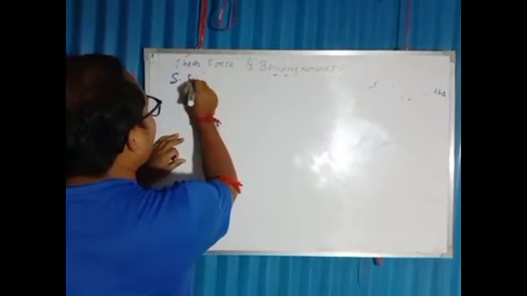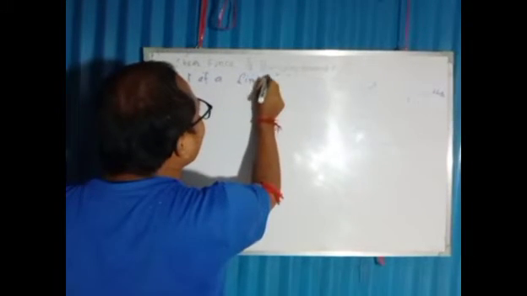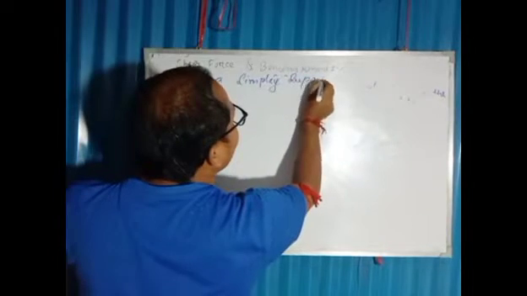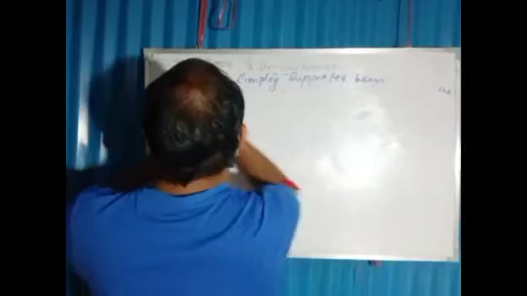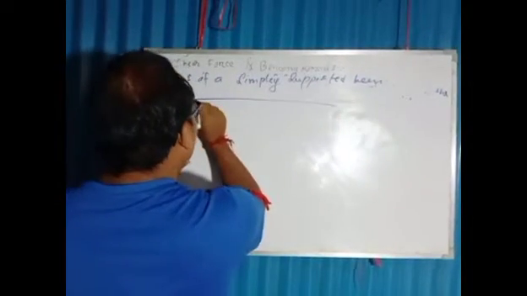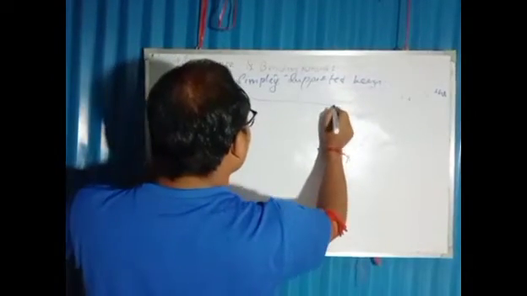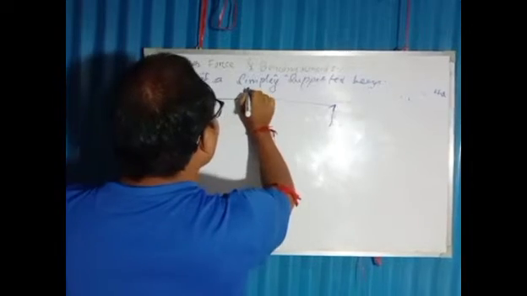SF of a simply supported beam. How to calculate the SF of a simply supported beam? Let's take a beam. This is a support, this is also a support, and at the midpoint a load W is acting.